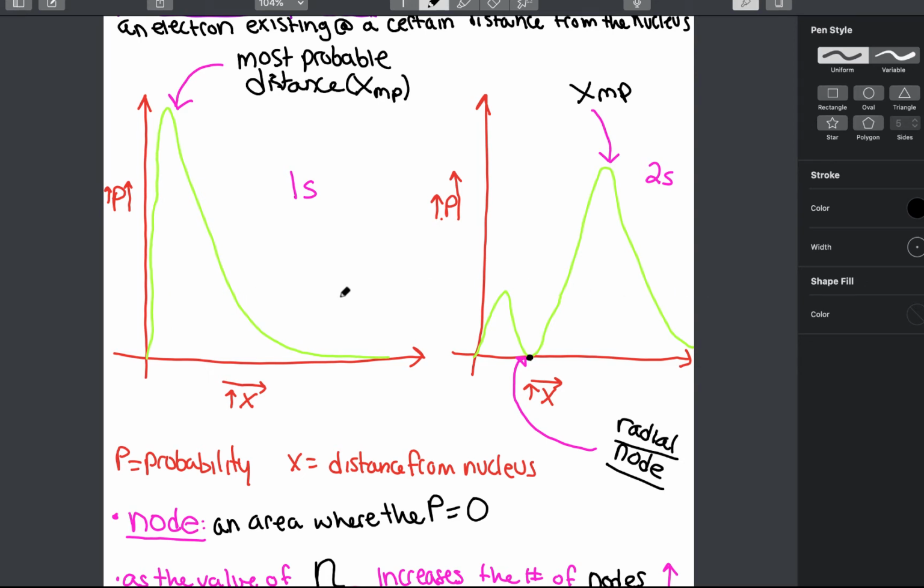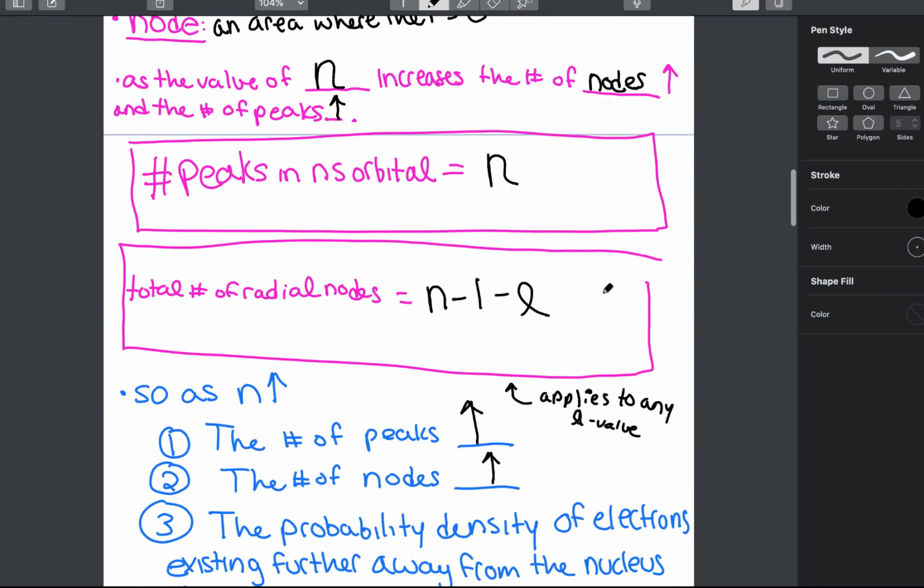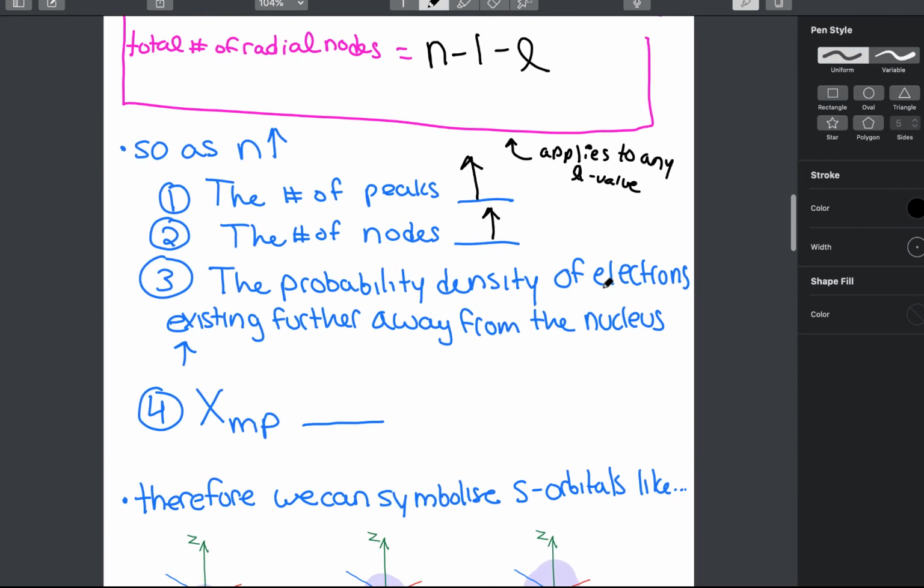So more electrons are existing at further distances from the nuclei. So that's why as n increases, the probability density increases further out from the nucleus as well. And also we saw that as n increases, x most probable increases as well. So these generalizations here are something that you will want to know.